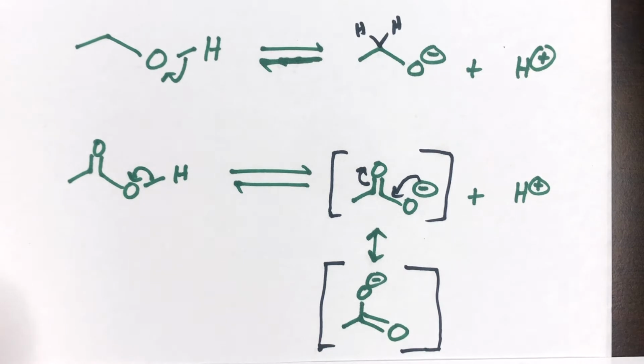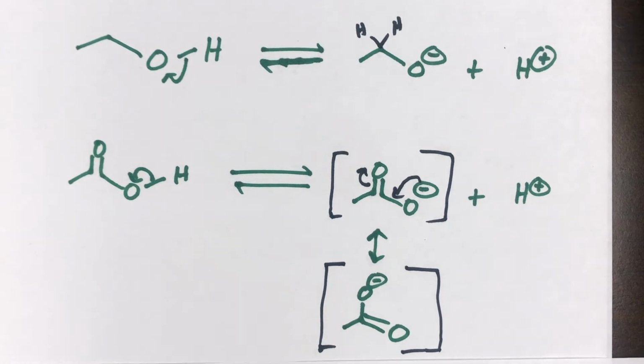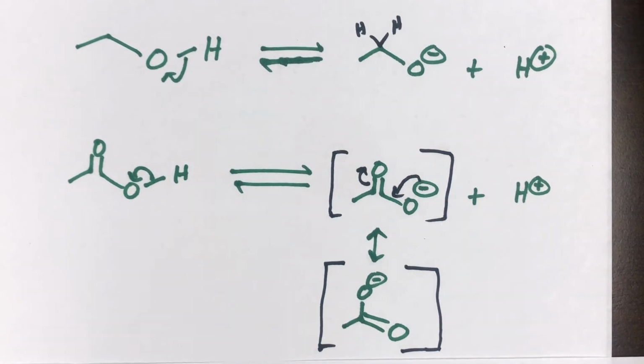A more reactive species, when we're talking about acids and bases, would be the stronger acid. The stronger acid wants to react and make the more stable product, which is this resonance stabilized conjugate base. So that is the explanation for this. You always have to be considering, if I'm going to have an acid, if it's going to function as an acid, it's going to make a conjugate base, and I need to assess the stability of that conjugate base, because that will tell you a lot of information about the acidic nature of your starting material.